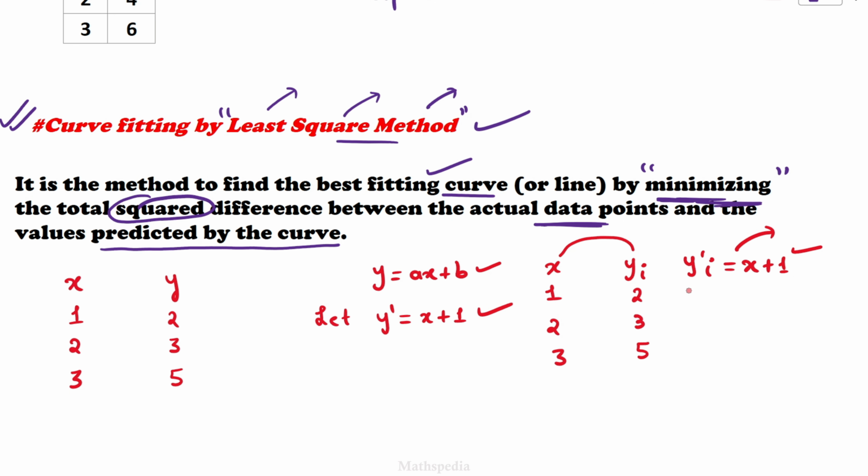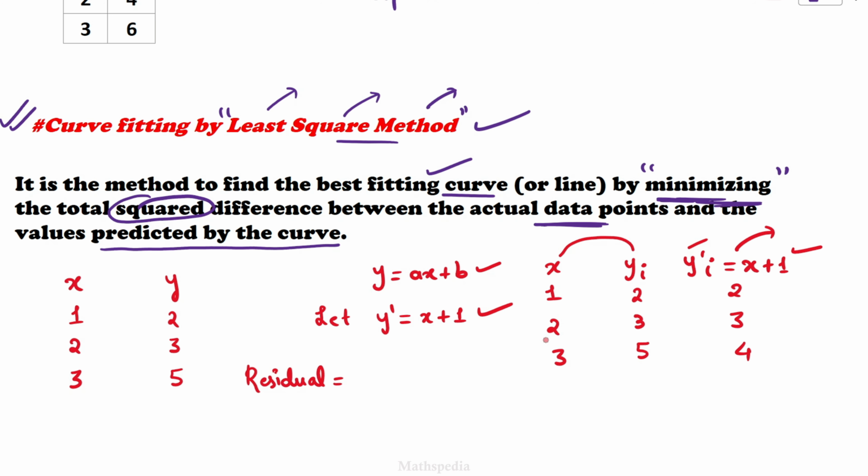Okay, so we have to patiently observe what is happening. So y dash is x plus 1. X plus 1 means 1 plus 1 is 2, this will become 3, this will become 4, right? Now what is residual? Residual is a term which basically means the error we are calculating.